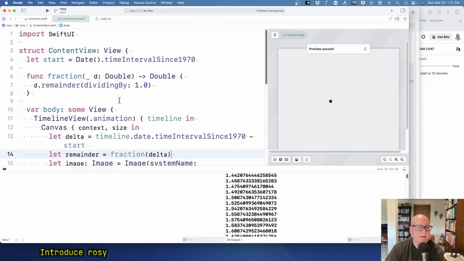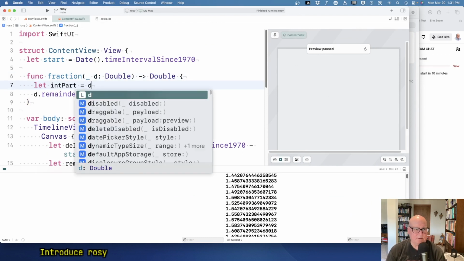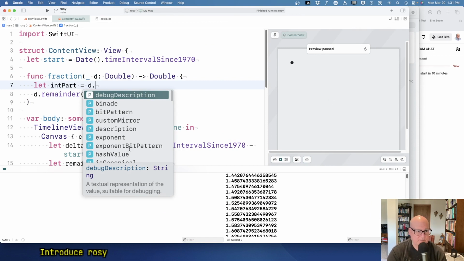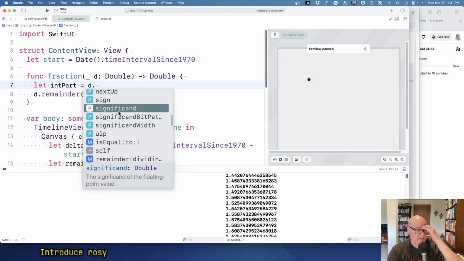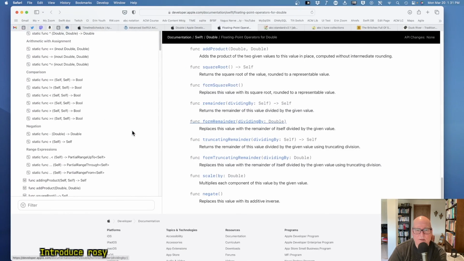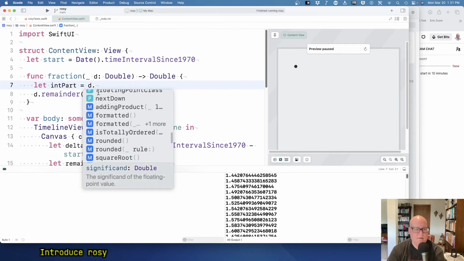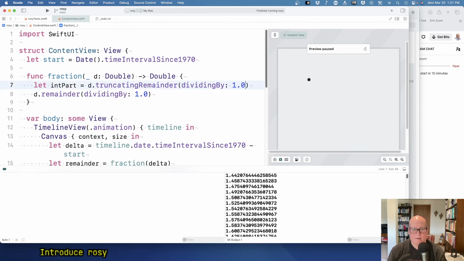Okay. Let's do that. Let int part equal d dot... what's the significand? No. What do we call that? Form remainder? Replaces, returns. Remainder, no, truncating remainder, divided by 1.0. Okay.